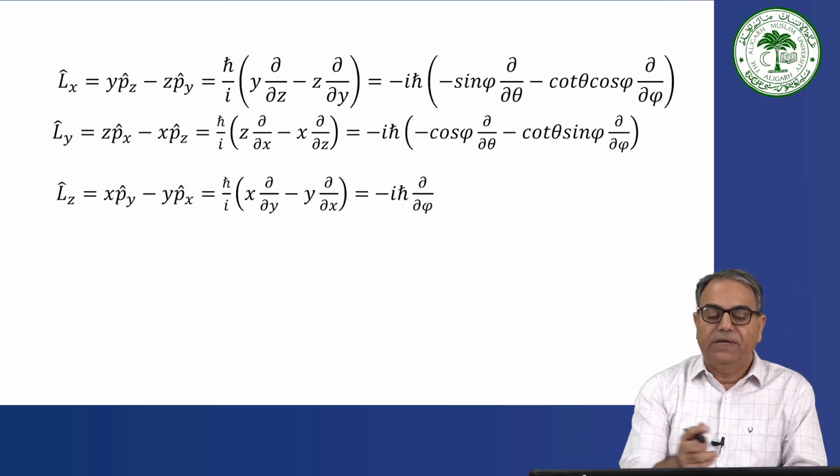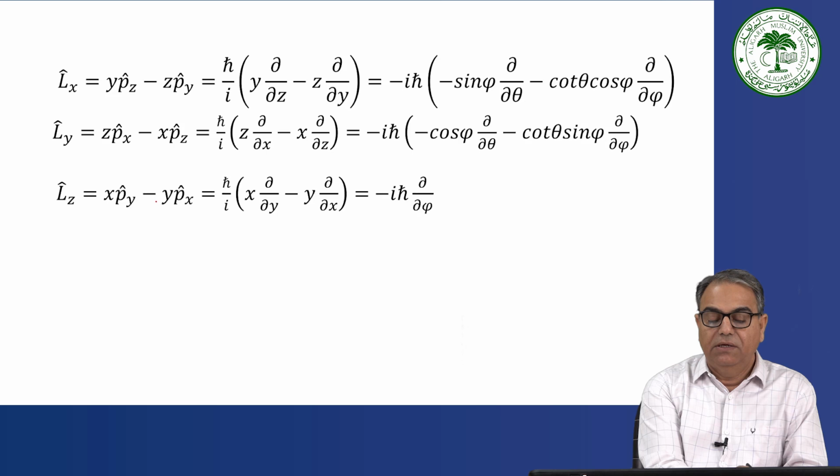In case of Lz, what you have is x py minus y px, so it will be h cross by i times x del by del y minus y del by del x, and the operator for this Lz is minus i h cross del by del phi.